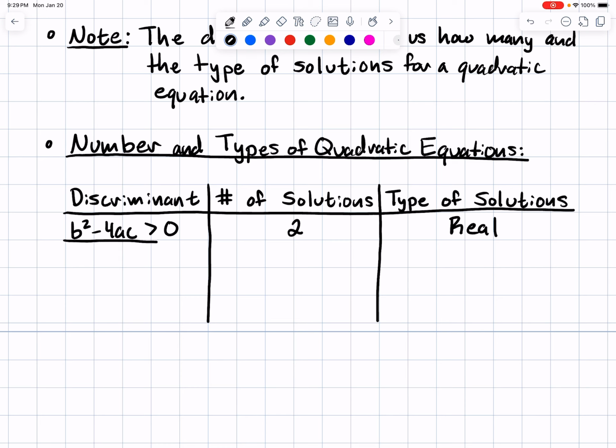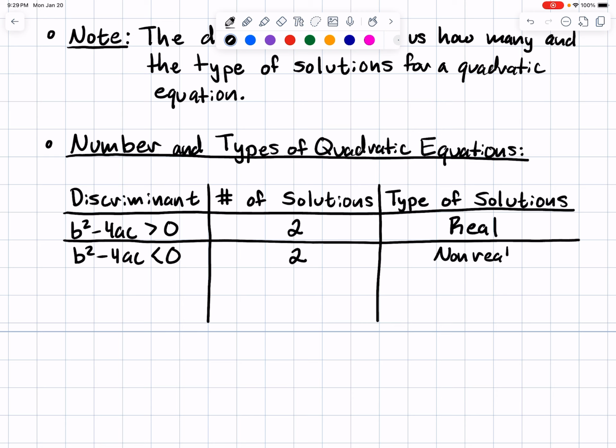Now, if b squared minus 4ac is less than 0, we will still have two solutions, but they will be non-real solutions or imaginary solutions made of complex numbers.